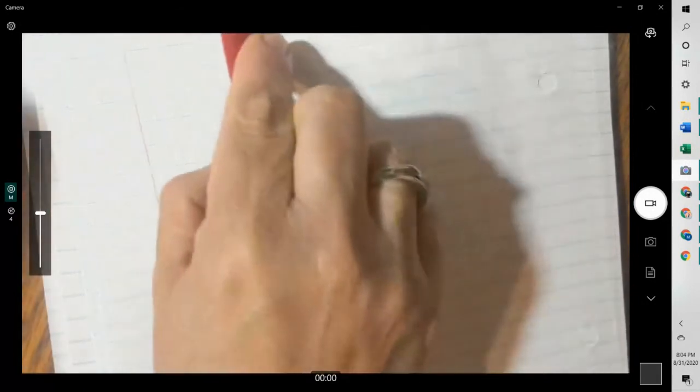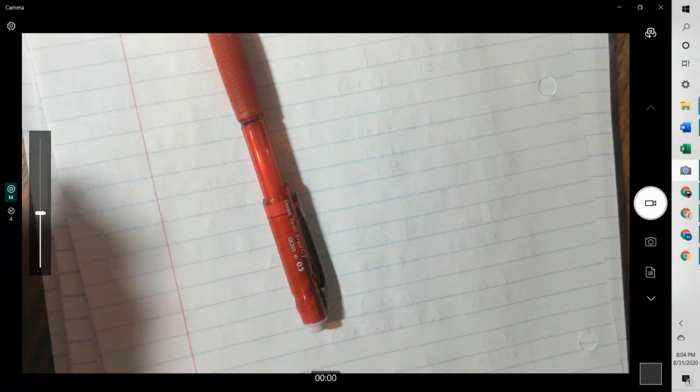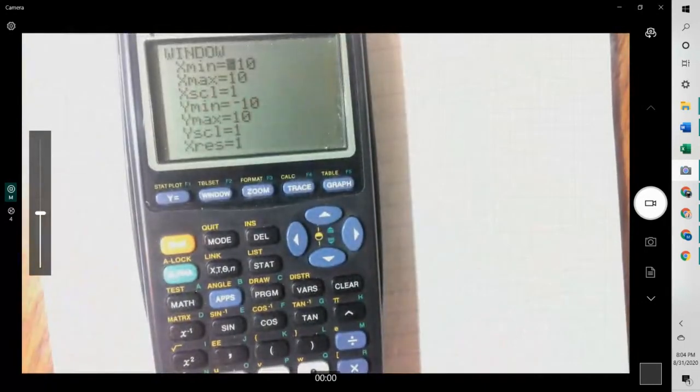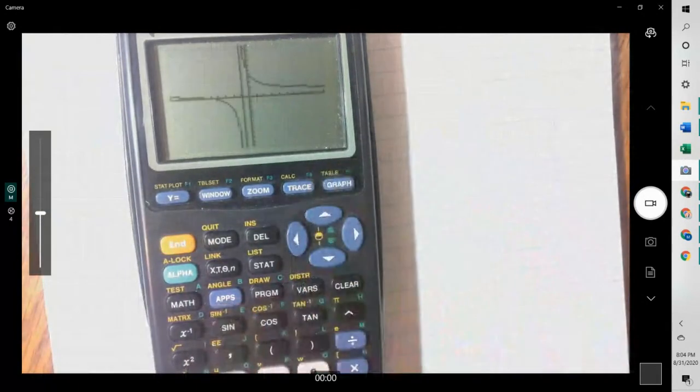So you're just plugging this in. Divided by x plus 1. And I use the window -10, 10, -10, 10. And y equals. So then we hit graph, and we get this.